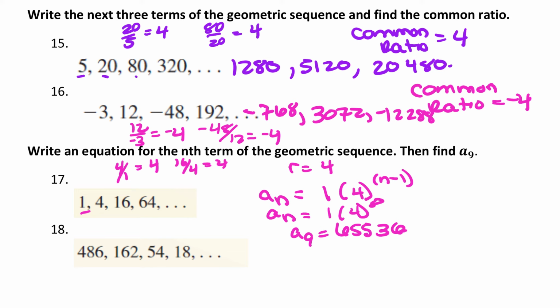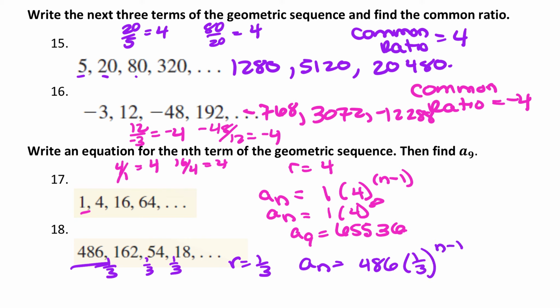The last question, we need to find our common ratio. 162 divided by 486 is 1/3. That's 1/3, and this is 1/3. So our common ratio is 1/3. Our starting number is a sub 1, which is 486, so a sub n is 486 times 1/3 to the n minus 1.